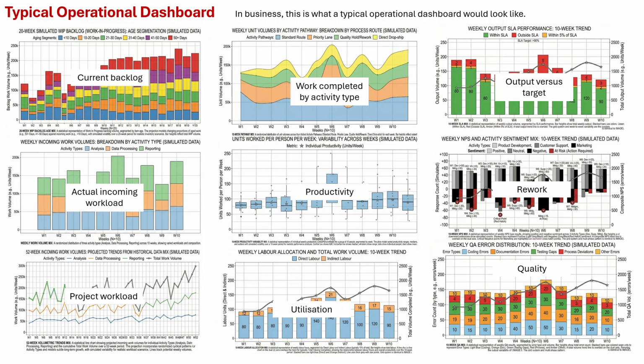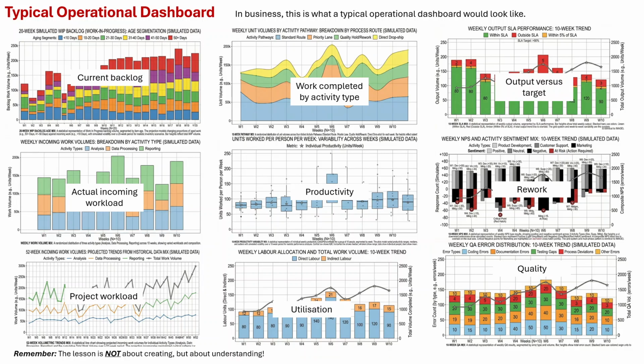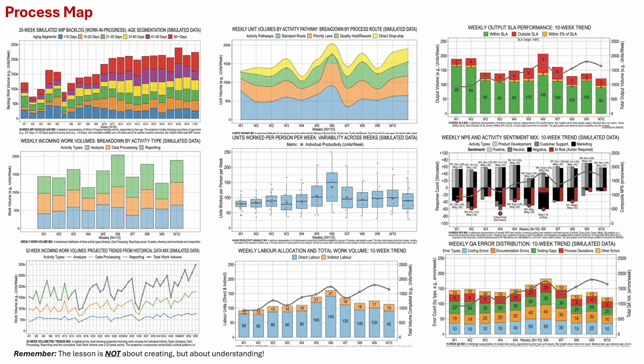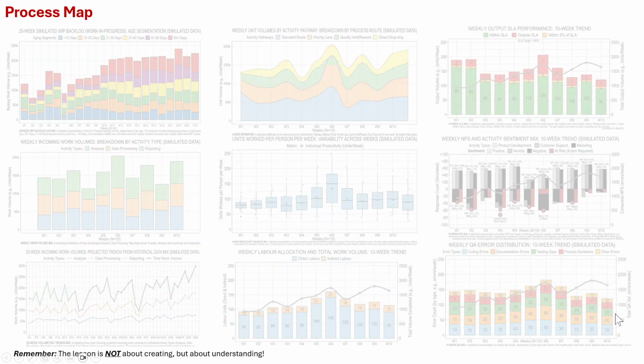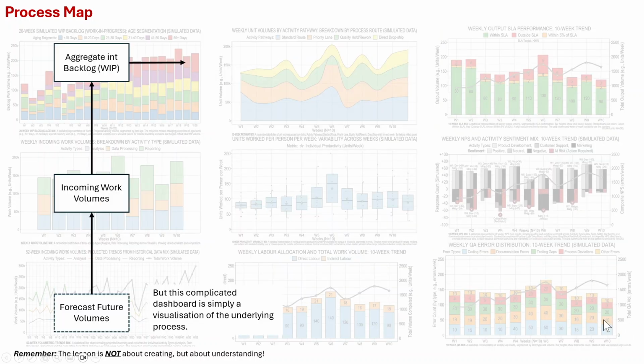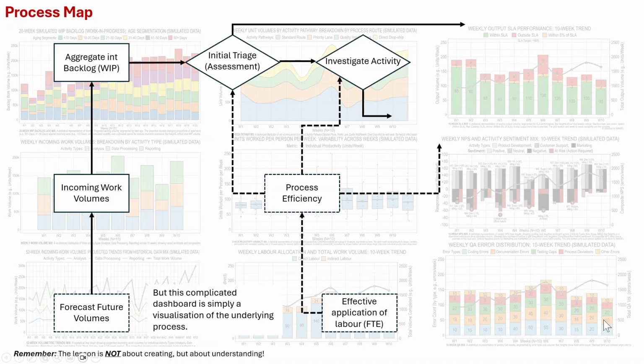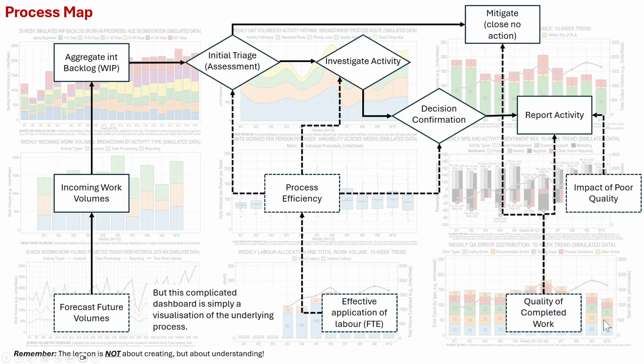That can be fairly daunting when you first look at it, but I intend to reduce that down to something that's a little more digestible, and understanding that an operational dashboard is simply a representation of the process that the operation performs, and each of those charts within that dashboard again just represent elements of that process. So we can break it down quite nicely into something that's a little more digestible.